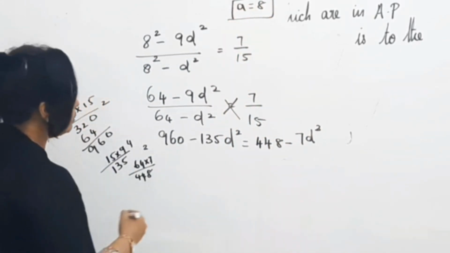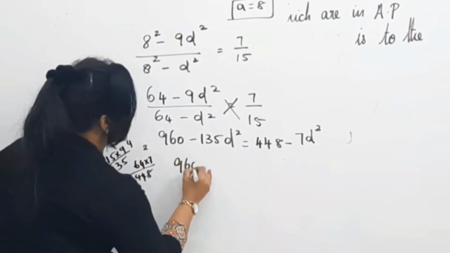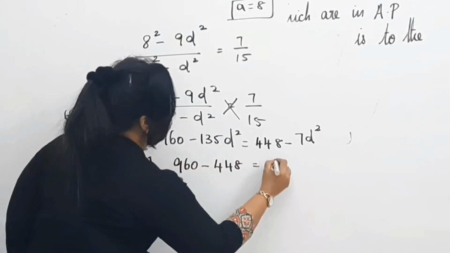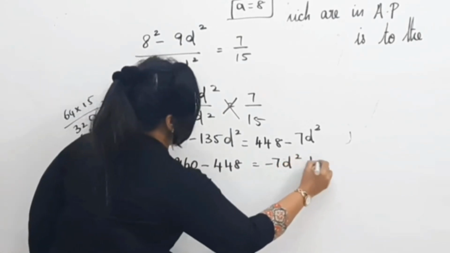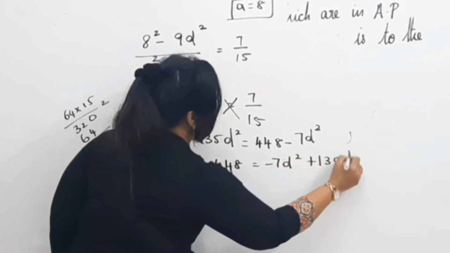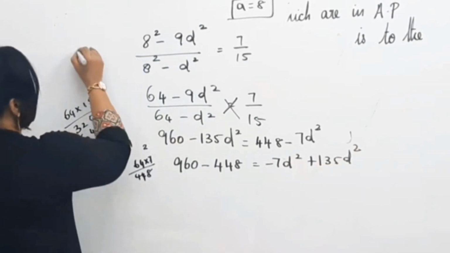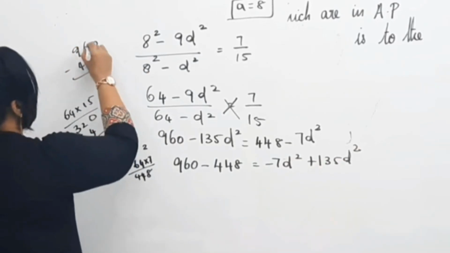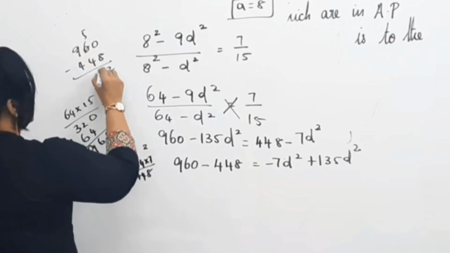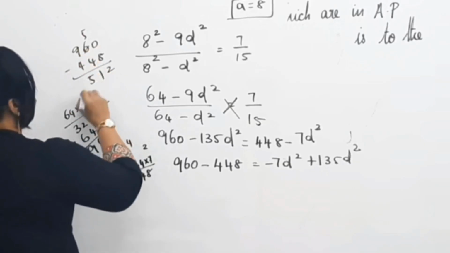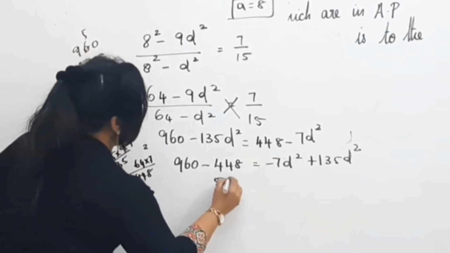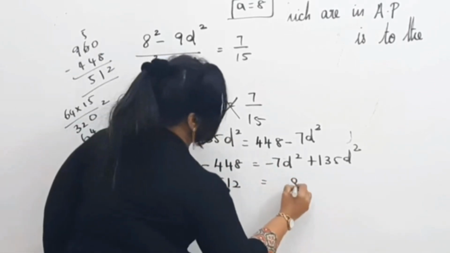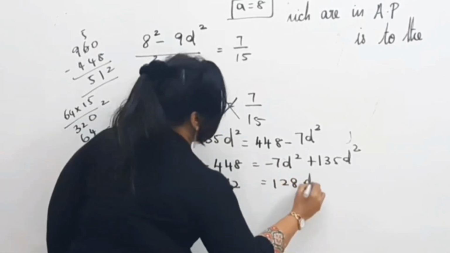So now on simplification, 960 minus 448 is equal to minus 7d square plus 135 d square. So 960 minus 448 is 512, which is equal to 135 minus 7, which is 128, d square.